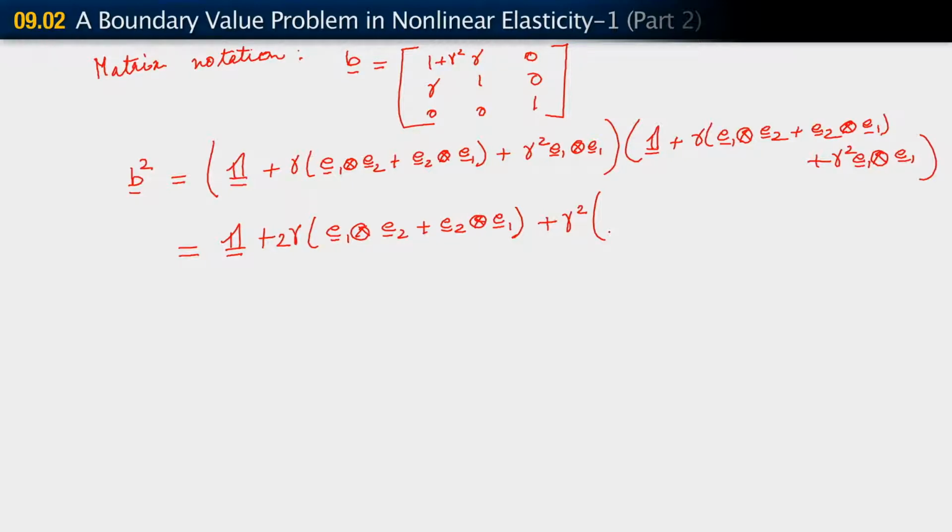We get E1 tensor E1 plus E2 tensor E2, and those two terms come from that gamma acting here, and the remaining quadratic terms are also obtained from this acting on that, and likewise that acting on that.